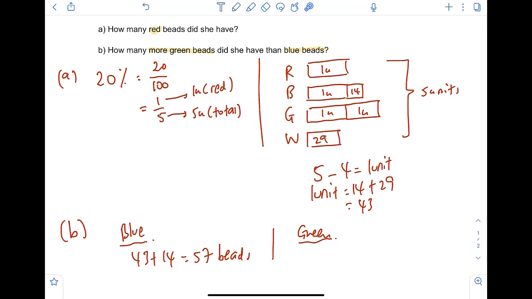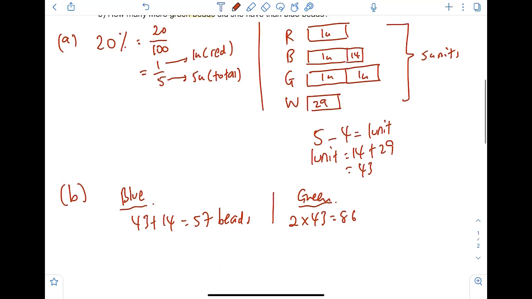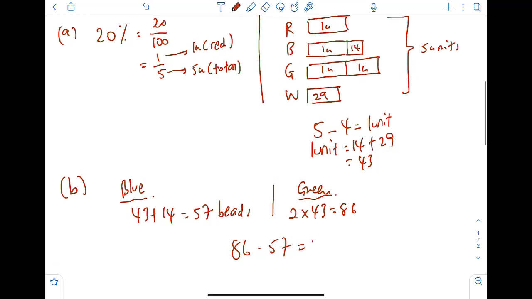Green beads is 2 units, so 2 times 43, 86. And then we just find the difference between 86 and 57. 86 minus 57 gives us a final answer of 29 beads.